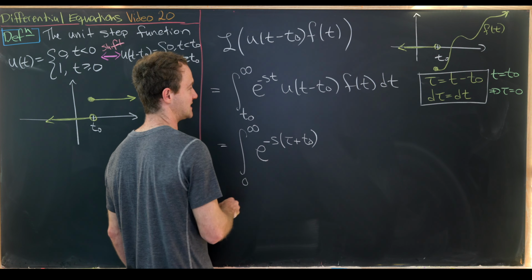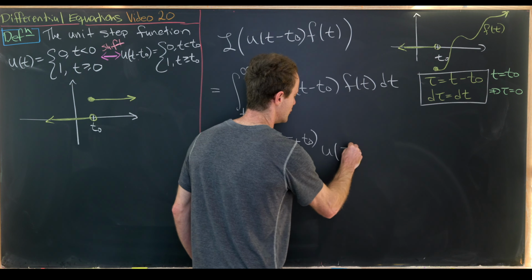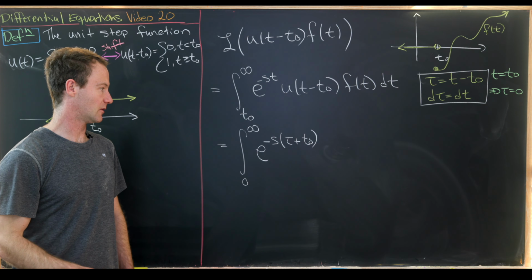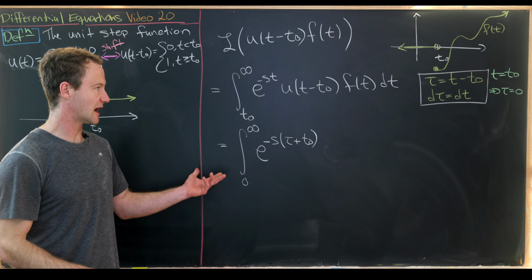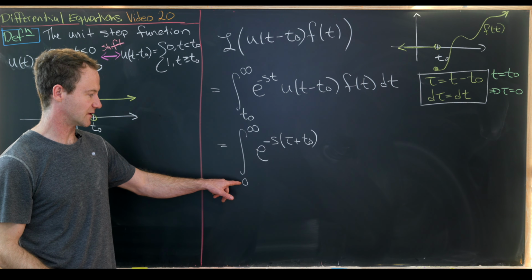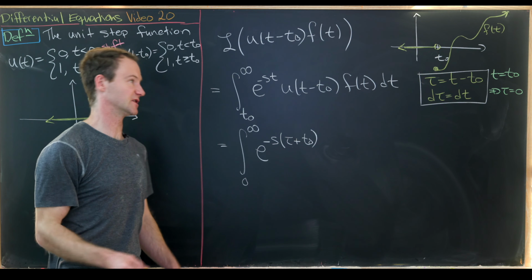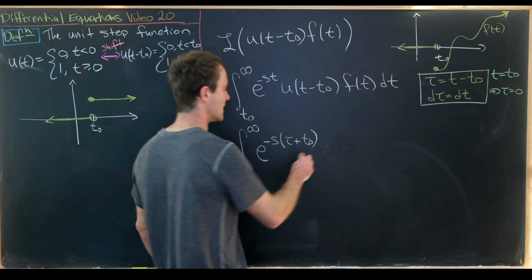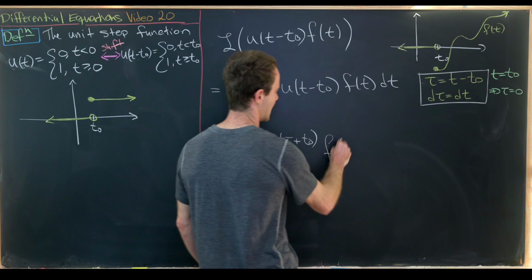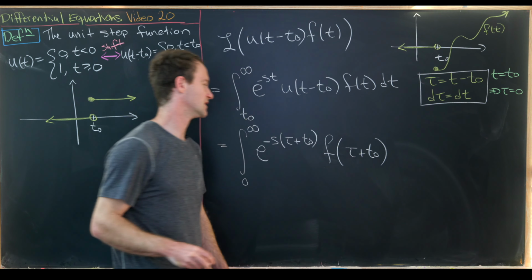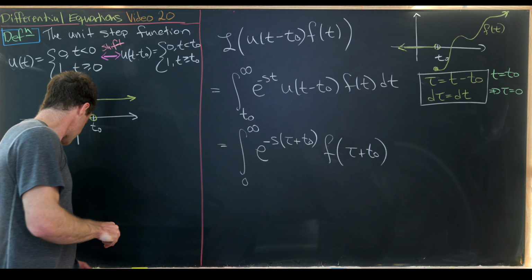Then we'd have u of tau, but we might as well not write u of tau, because u of tau is identically equal to 1 for values of tau between 0 and infinity by the definition. What we do need to put in here is f evaluated at tau plus t naught.